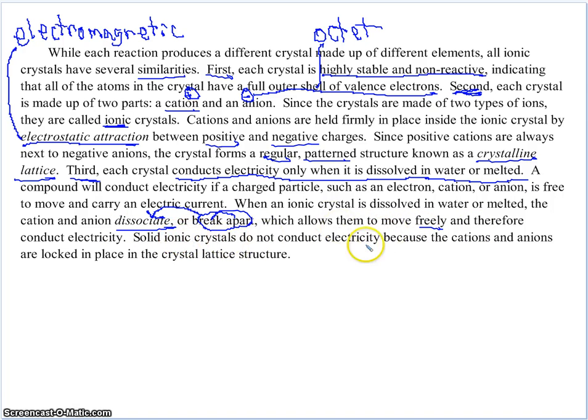Solid ionic crystals do not conduct electricity because the cations and anions are locked in place in the crystal lattice structure. Okay, so crystal does not conduct. Alright, whether it's a crystal lattice or a crystal rose, it does not conduct.